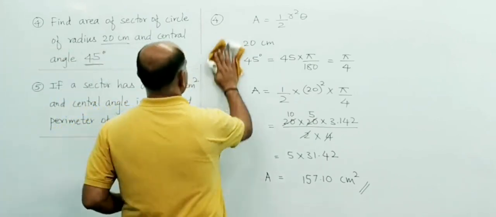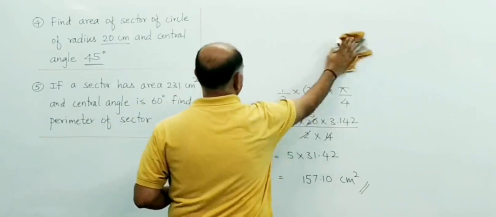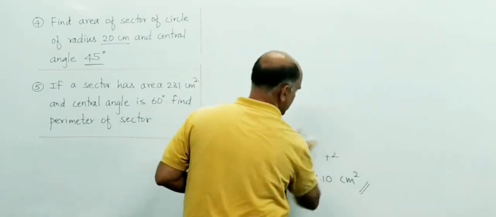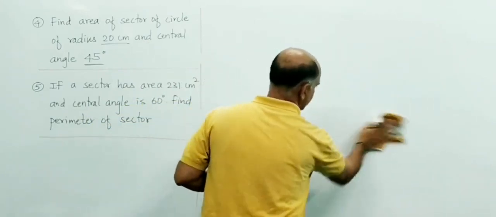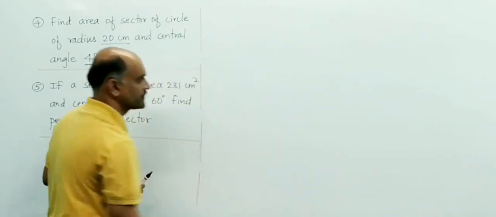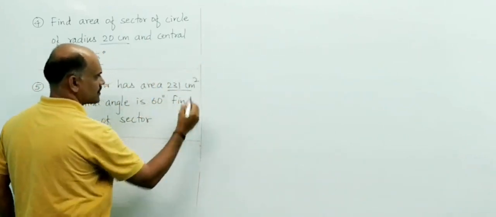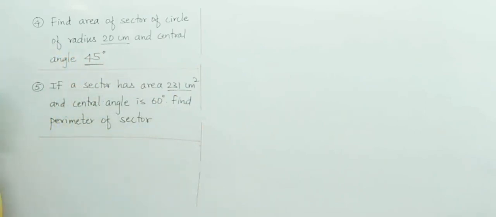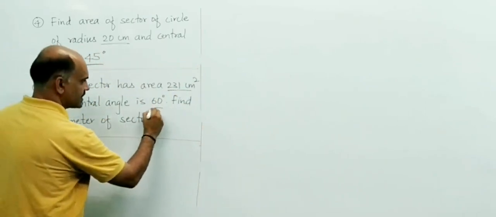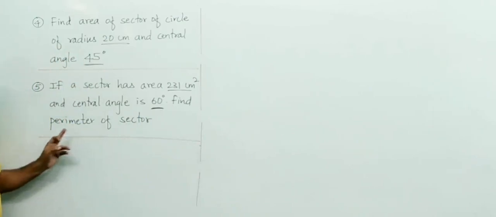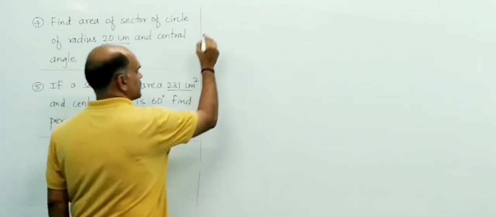Fifth: a sector has area 231 centimeter square. The central angle is 60 degrees. You are required to find the perimeter.